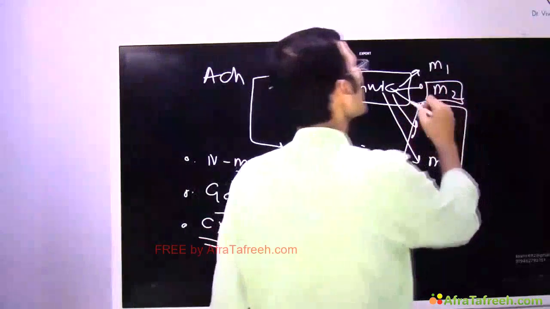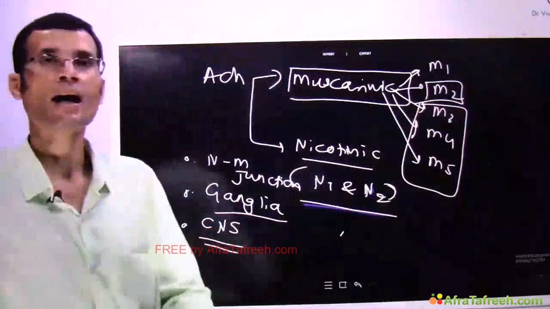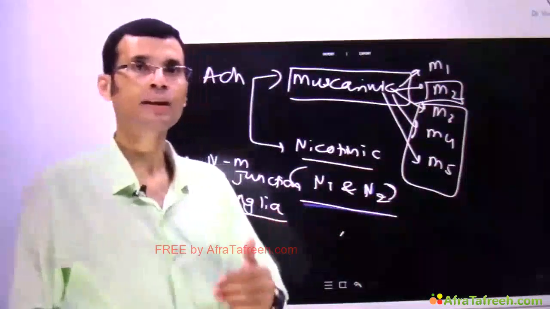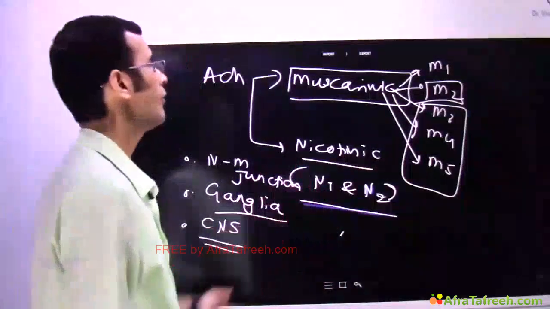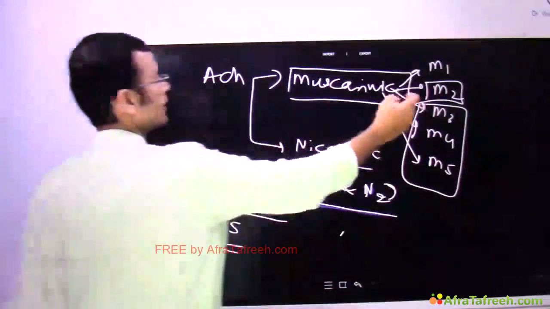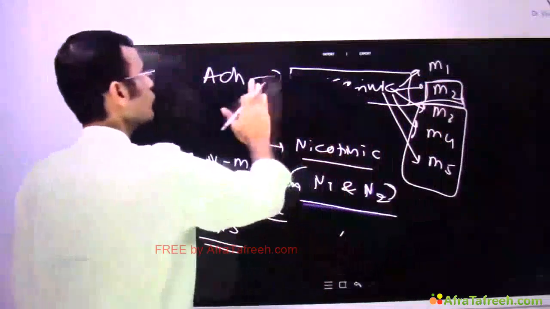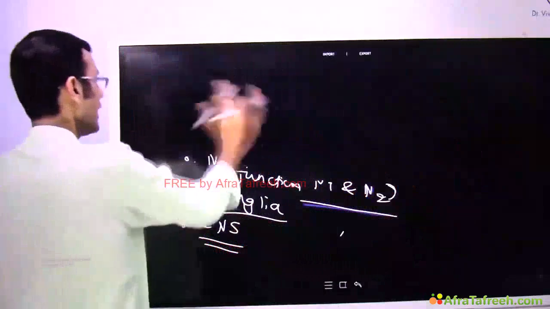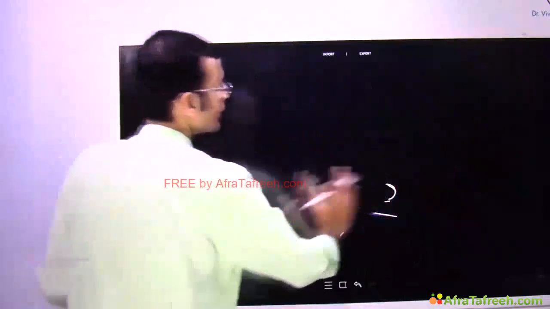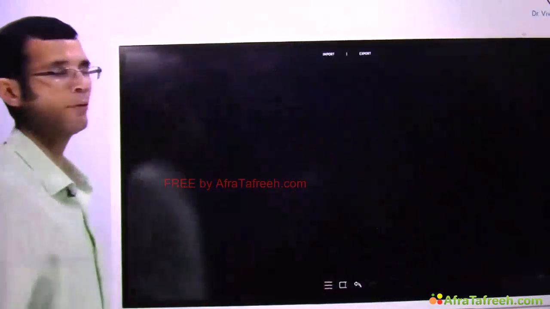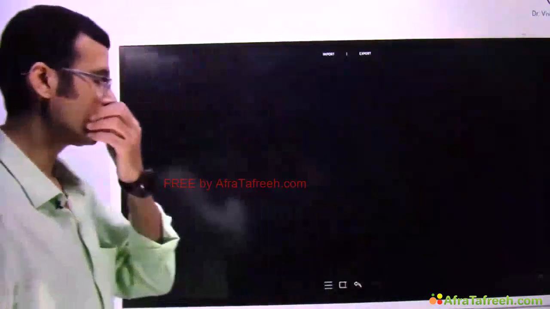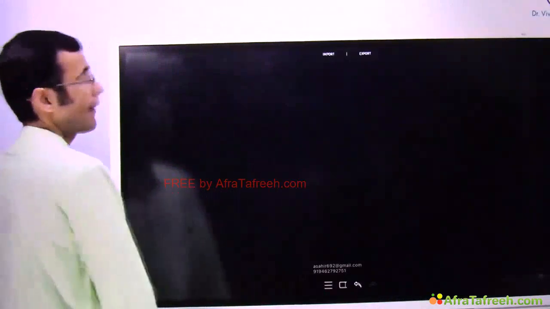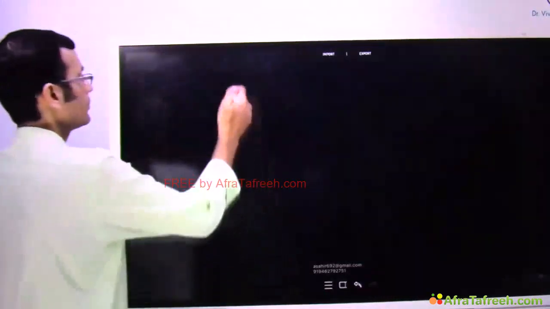Whereas M2 muscarinic receptors are present in the heart. So vagus inhibits the heart. Acetylcholine has an inhibitory effect on the heart via the other type of muscarinic receptor, the M2 receptor. That's how acetylcholine is excitatory somewhere and inhibitory somewhere, depending on which receptor is present where.